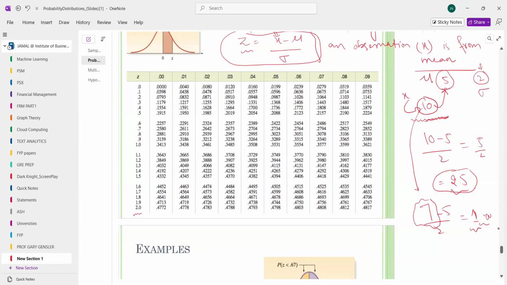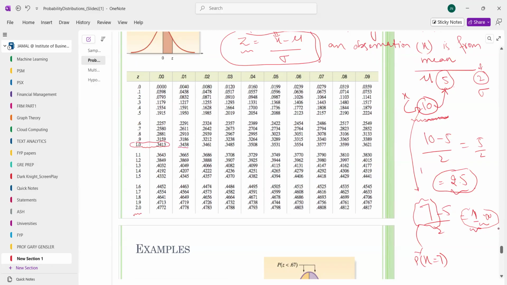If I had to answer the probability of my x equal to 7, where the return of the stock is 7 and I want to know its probability, and I have the z-score, which is 1, that I just calculated, and I have access to the z table, how am I going to know that probability? I'll come to the table. I have a 1 in this case, and this is my probability, because now I am just looking at 1.00. If it were maybe 1.01, then this would be my probability.